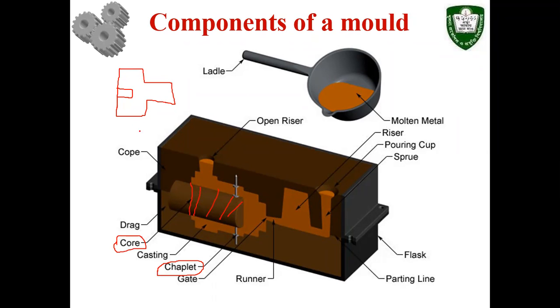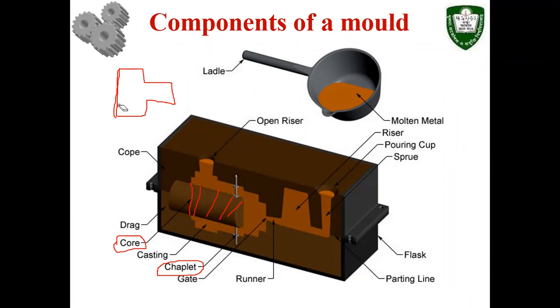Because there is a restriction in the pattern making. This hole would have to be made using a pattern, right? Because of the difficulty of producing a pattern with a hole in here, we need to make the complete pattern, and then we need to put a core in there.